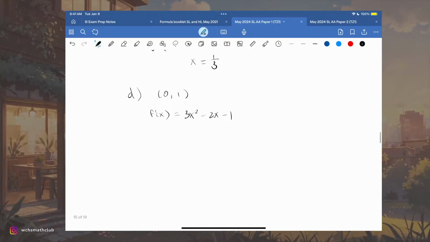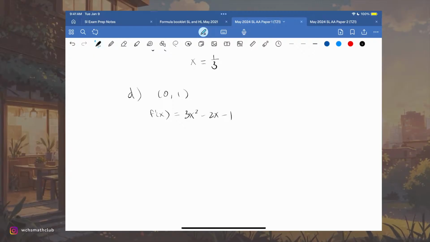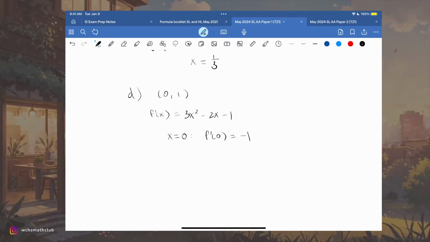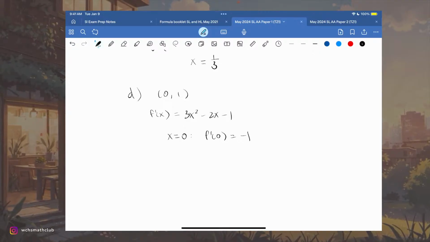So we want to first find the slope of the tangent line at x equals 0. So at x equals 0, f prime of 0 equals -1. This means that on the function y, when x equals 0, the slope of the tangent line is -1.